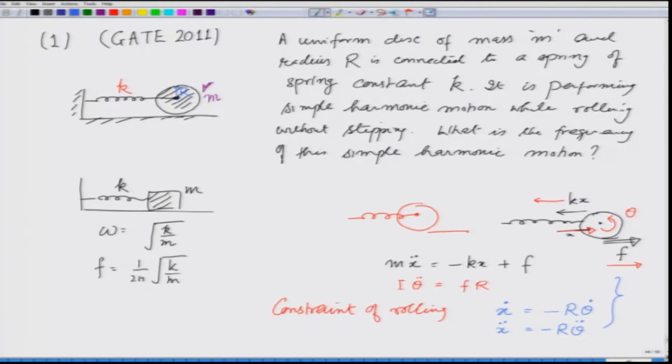So, we have these equations which I am going to write again: m x double dot is equal to minus kx plus f. Then I have I theta double dot is equal to fr, which I am going to change because I for a uniform disk is m r square by 2, so m r square by 2 theta double dot is equal to fr, which gives m r theta double dot over 2 is equal to f.